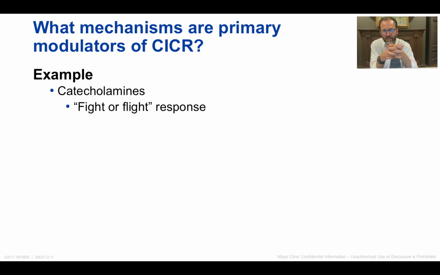One such example of a modulator would be catecholamines, such as epinephrine and norepinephrine. These are a part of the fight or flight response. So you really want to have an increase in cardiomyocyte contractility or force production and enable an increase in cardiac output.